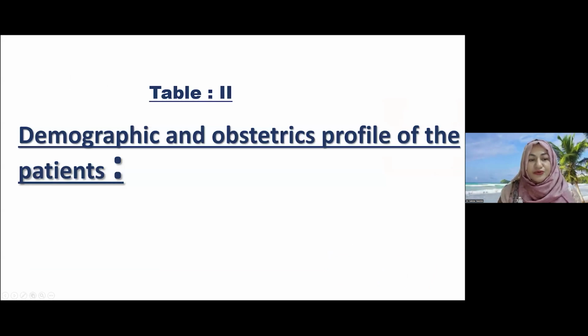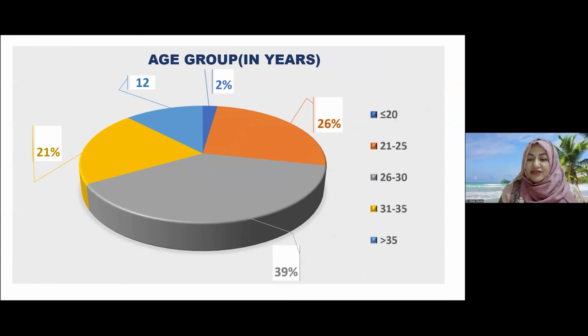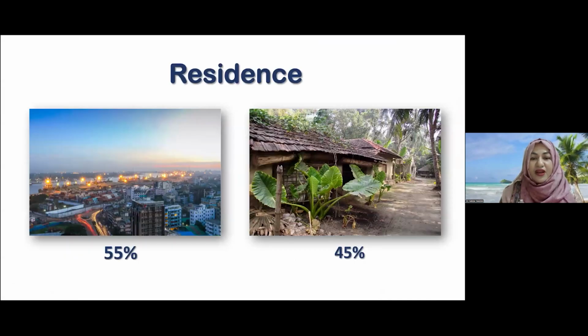Table 2 shows the demographic and obstetric profile of the patients. In my study, most of the patients were in the age group of 26 to 30 years, and most of the patients came from urban areas, that is 55%.